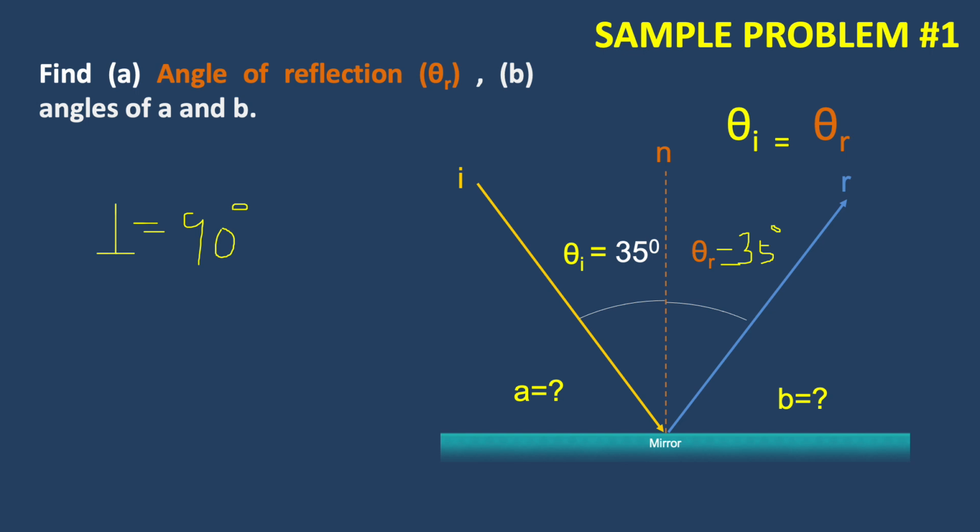Now let us solve the value for angle A. Angle A plus 35 degrees is equal to 90 degrees.